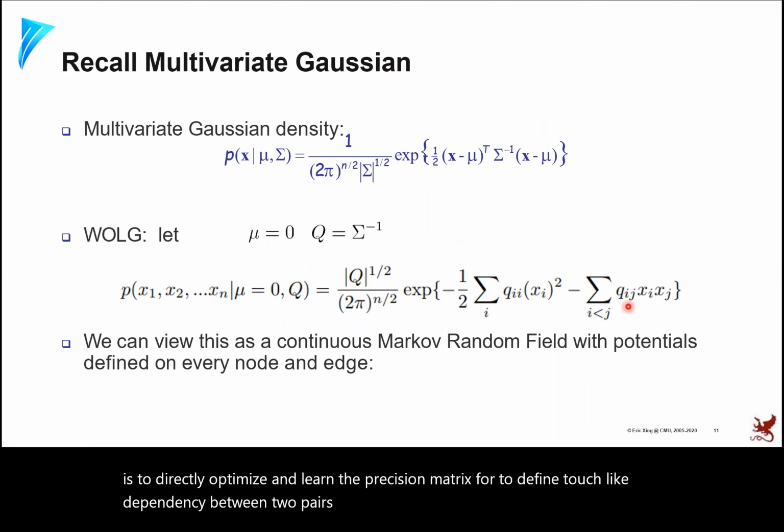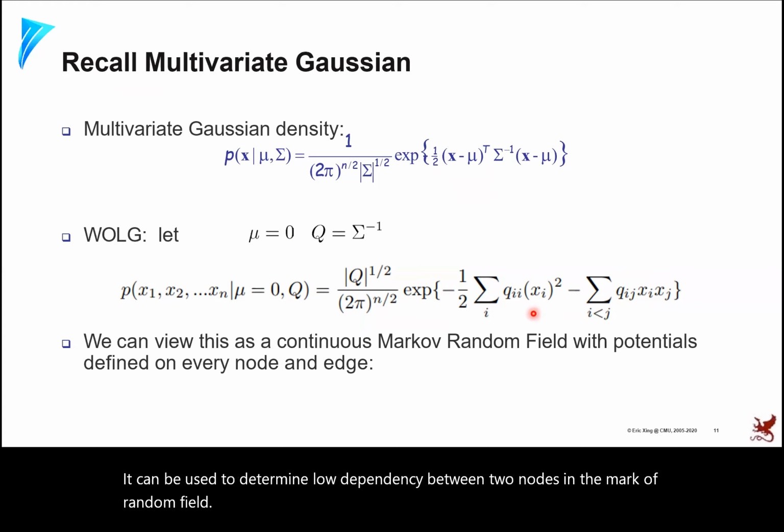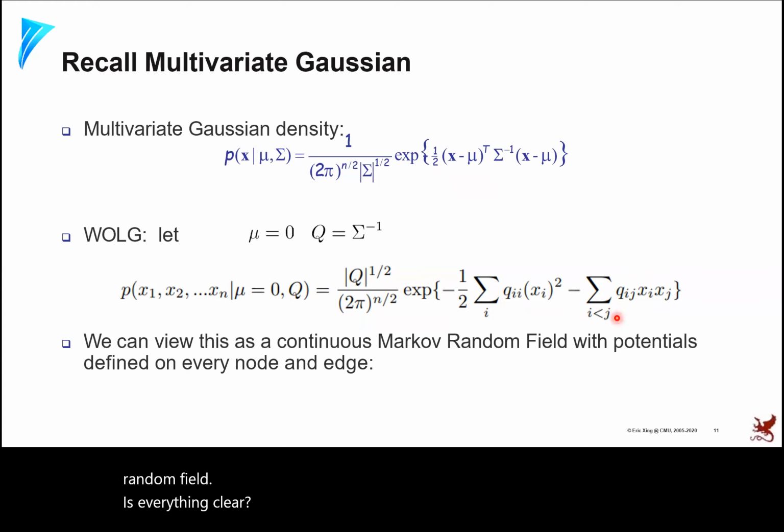As this Qij is a value within the precision matrix, it can be used to determine the dependency between two nodes in the Markov random field. Is everything clear right now?